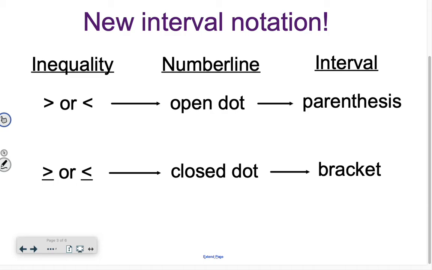So I'll give you a second to write that down so you've got it to refer back to. Like I said, I'm guessing the interval notation is mostly new to pretty much everybody.